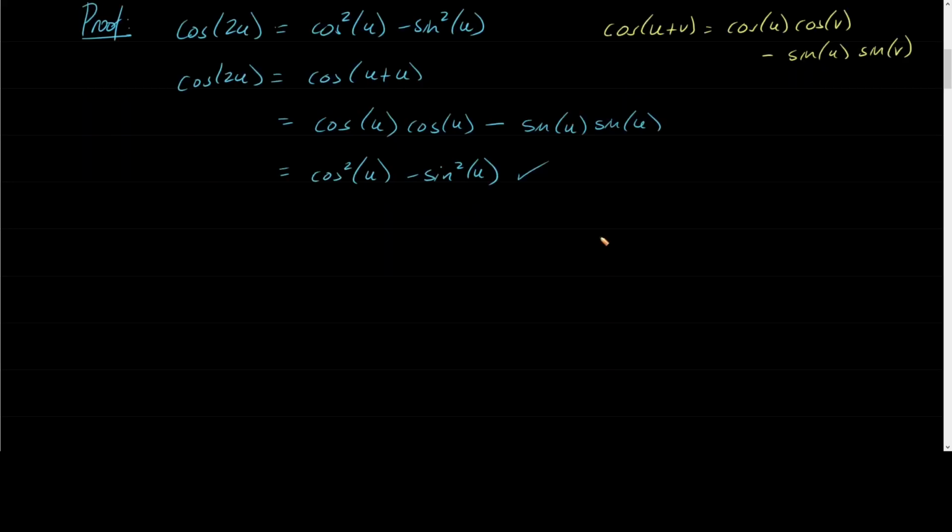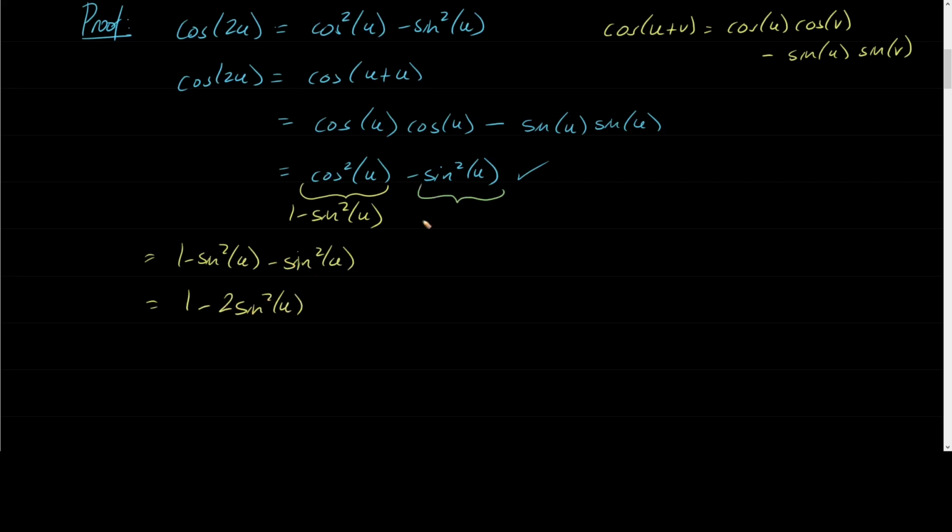Now, if I were to replace here cosine squared, I know that cosine squared is the same as 1 minus sine squared. So this statement really becomes 1 minus sine squared minus sine squared, giving us 1 minus 2 sine squared of u.